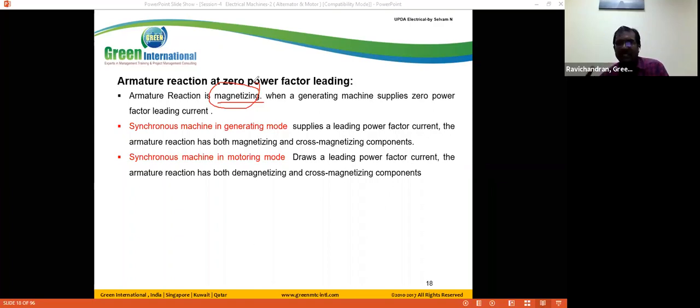Let me discuss it in the next slides. Voltage regulation concerns the output voltage. Always in the leading power factor, the output voltage is greater than the supply voltage. So due to this magnetic effect, it may be clear in the next slides.